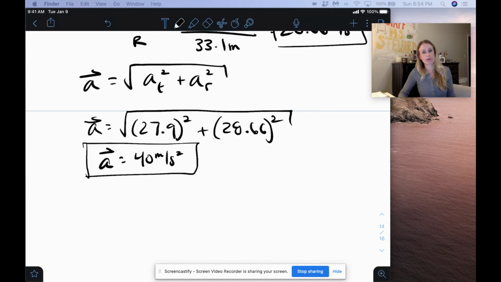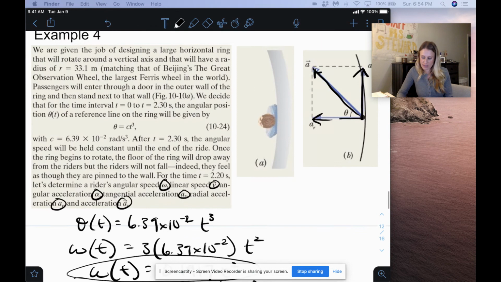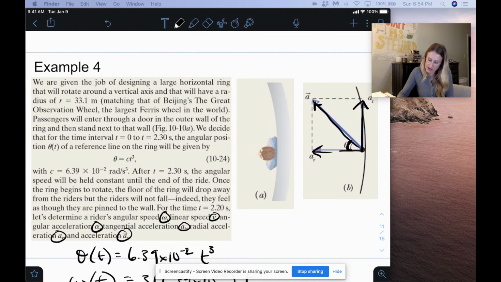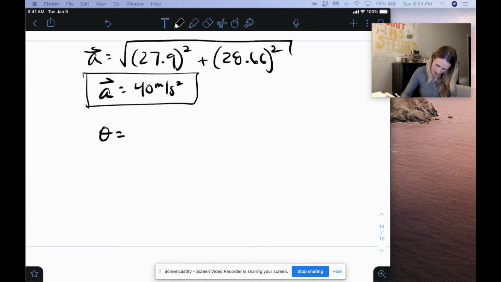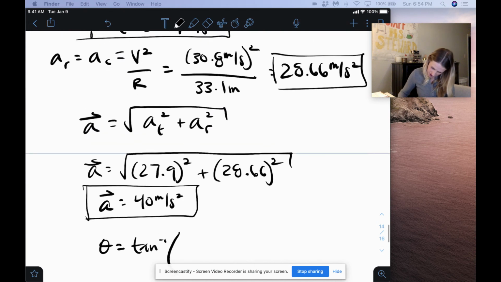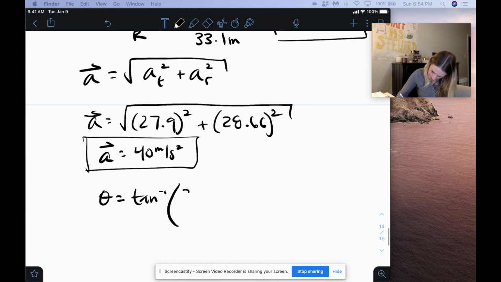And then, of course, we're going to find the angle as well. So if you look at this, we're finding this angle theta. So this right here is our a sub t. So we can see that if we take the inverse tangent, that angle will be inverse tangent of the tangential acceleration over the radial acceleration. So angle here is inverse tangent of tangential acceleration, which was 27.9, over radial acceleration, 28.66.